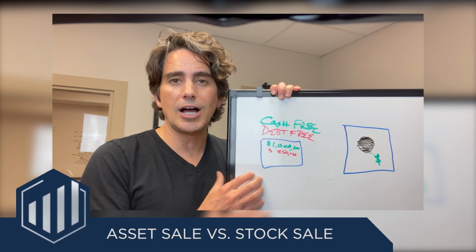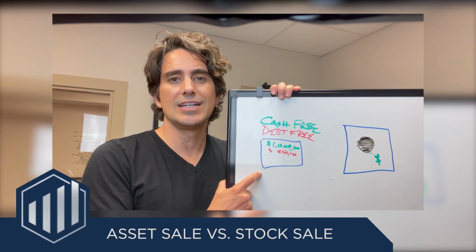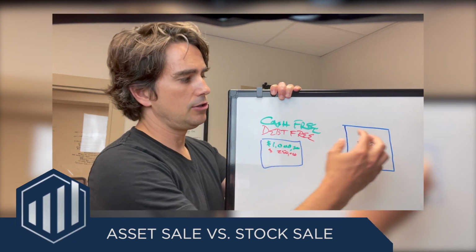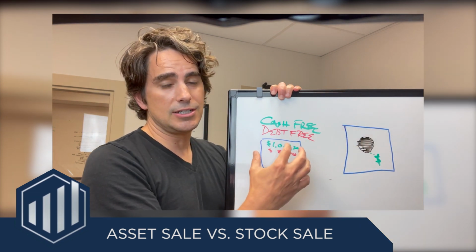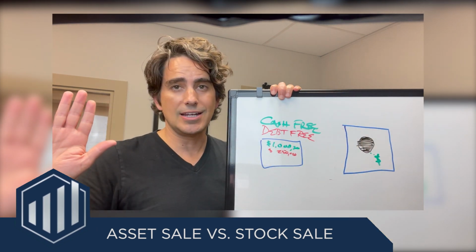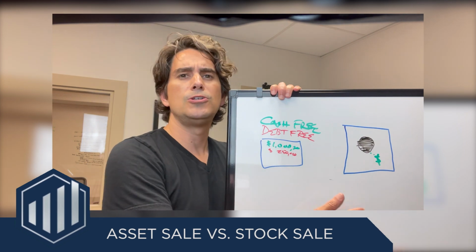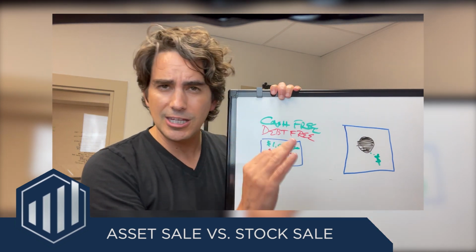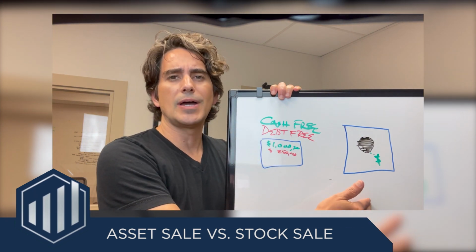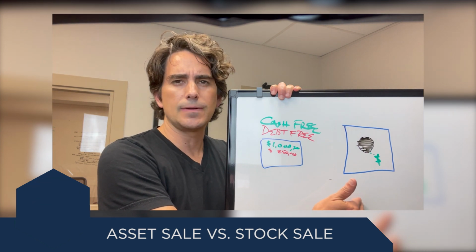You're now liable because you are the owner of this legal entity. When you buy the assets and not the legal entity, you are not liable for anything that did not happen on your watch. Huge benefit to a buyer, and the core reason why most deals happen that way, and that is the default setting.